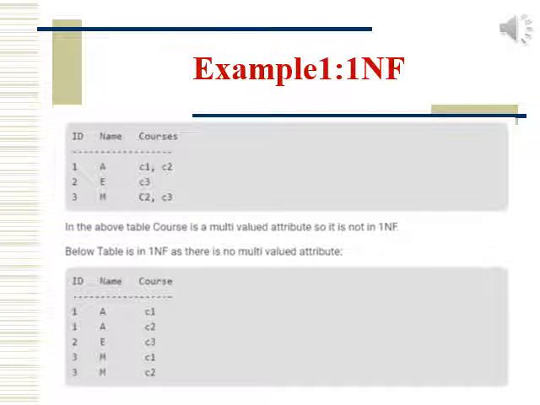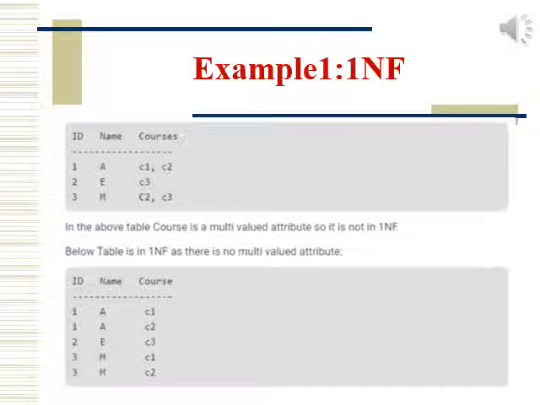You may now see one example of first normal form. There is a table where ID, name and courses are the attributes. The ID has a single value 1 in the first tuple.